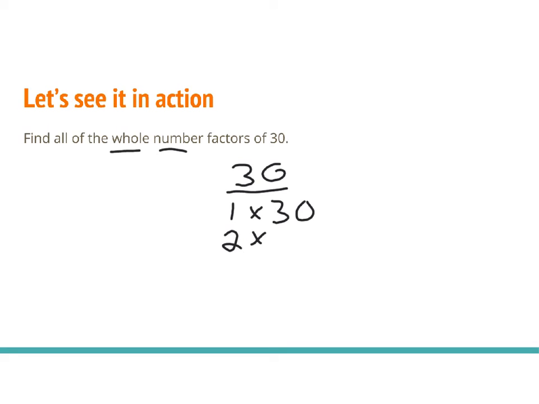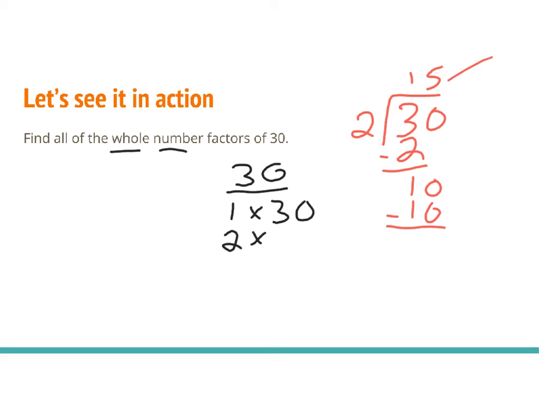Let's say I'm not sure what the other factor is. So then I simply take my 30, divide it by 2. Not a complicated problem to do. Okay, looky there. It told me right there. It's 2 times 15.